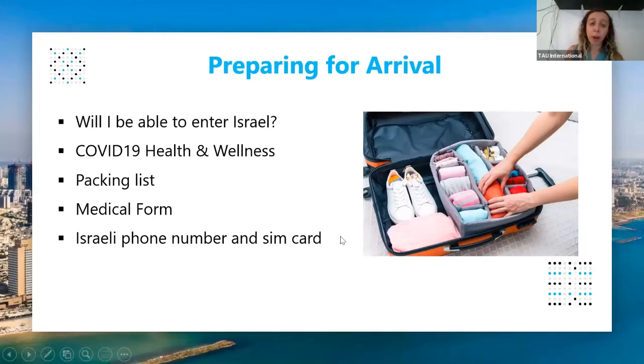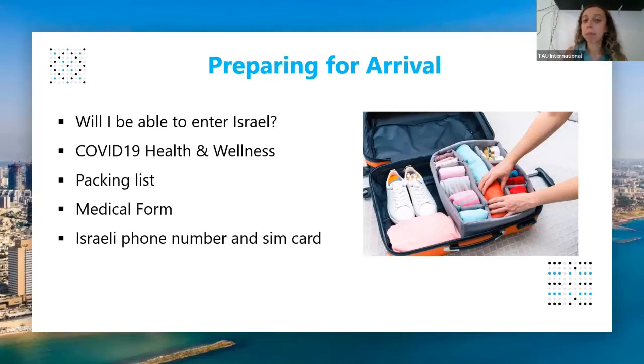Medical form, very important. It's a form that your admissions asked you when you applied and when you confirmed in the portal. It's basically a form that you and your physician need to fill in regarding your medical state.